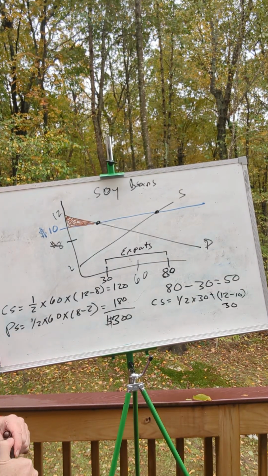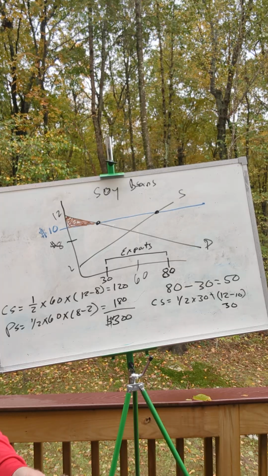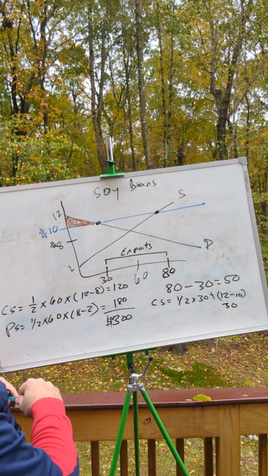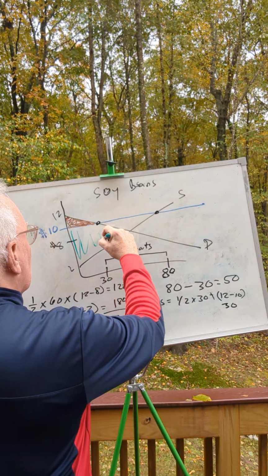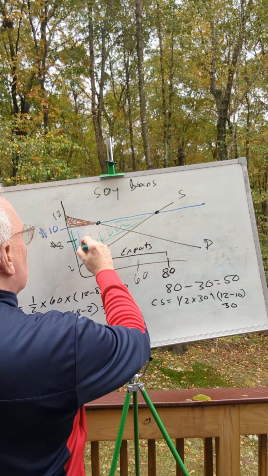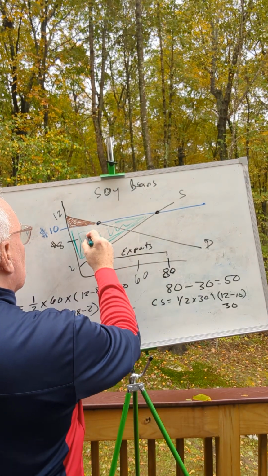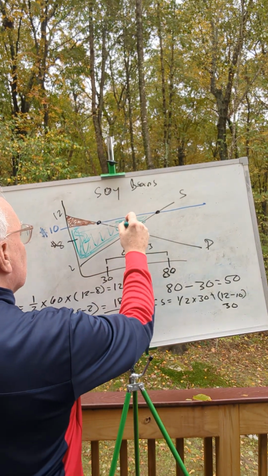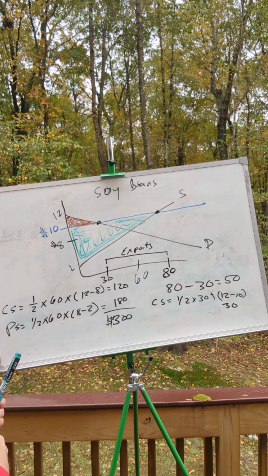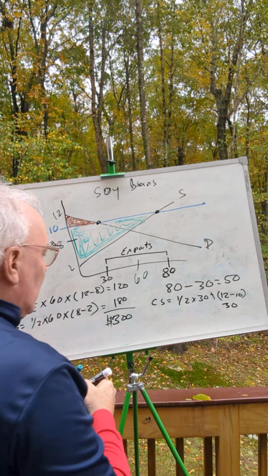But our producers are really, really happy with this new situation, right? The producer surplus is this now much larger area than we had before the price increase. And so the producer surplus, and producers are now producing 80, right?